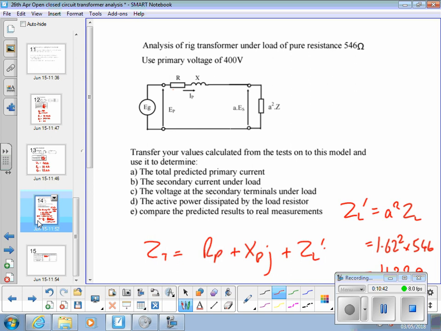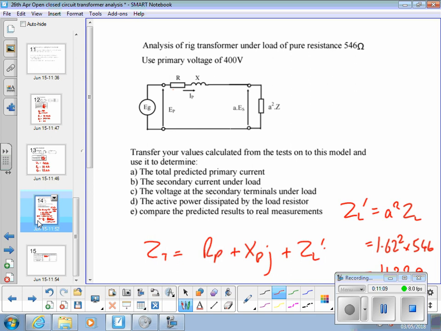But if you remember, when we simplified the model, we said that once it's on a significant amount of load, the current that does the core heating and magnetizes the core is negligible compared to the current flowing to service the load. Hence, you can ignore it.